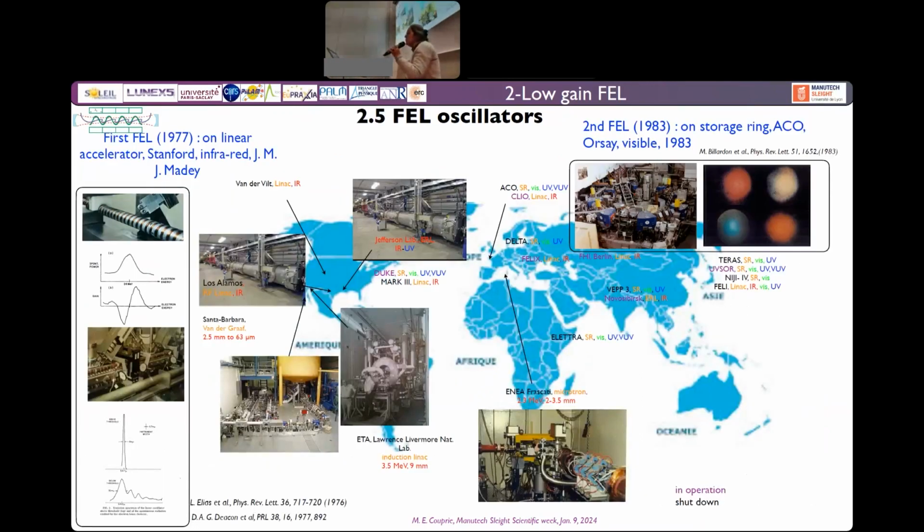So typically the landscape is the following. We have various free electron laser oscillators around the world. The ones which are continuing to operate now are in the infrared. We have one in France, CLIO. There is FELIX, a new one which is in Berlin, and so on.